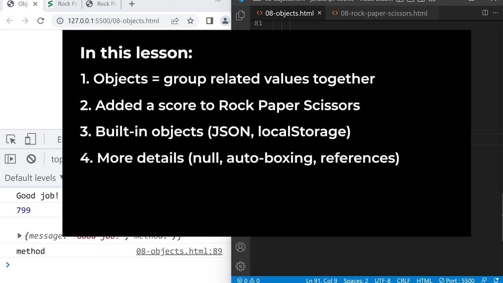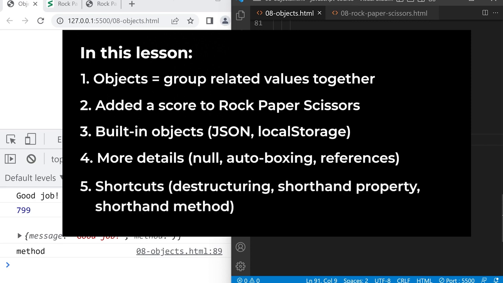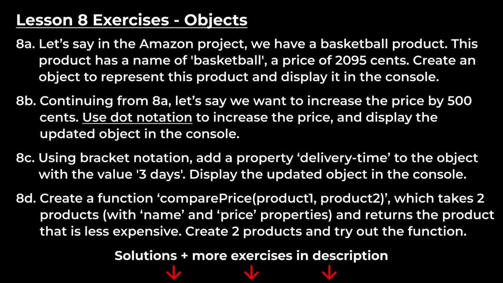We learned more details about objects like null, autoboxing, and references. And we learned some useful shortcuts like destructuring, shorthand properties, and shorthand methods. Here are some exercises to help you practice working with objects.